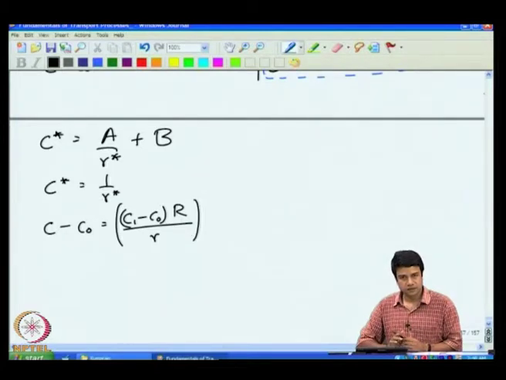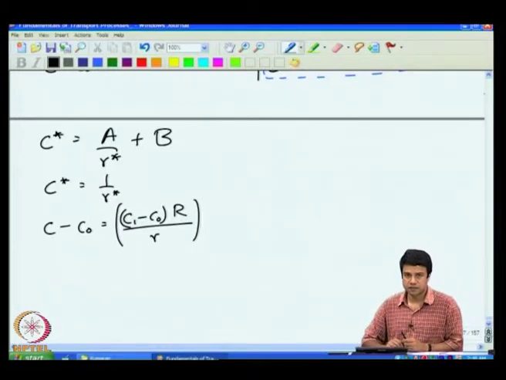So, this is the concentration field. It goes as 1 over r. As you go far away from the center of the spherical particle, the difference between the concentration and the concentration far away decreases as 1 over r.